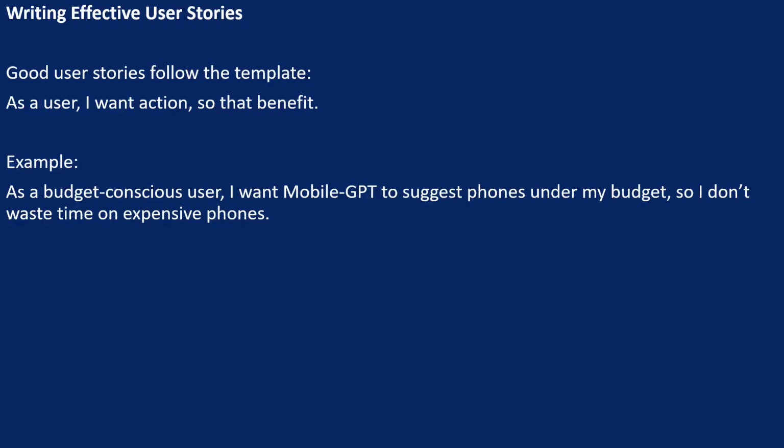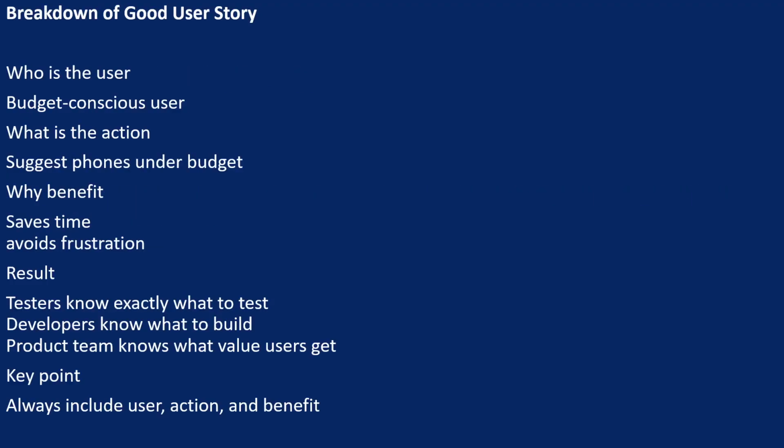Fine. And for a good user story, we just need to check: as a user, I want an action so that there is a benefit. So as a budget-conscious user, I want Mobile GPT to suggest phones under my budget so I don't waste time on expensive phones. Who is the user?